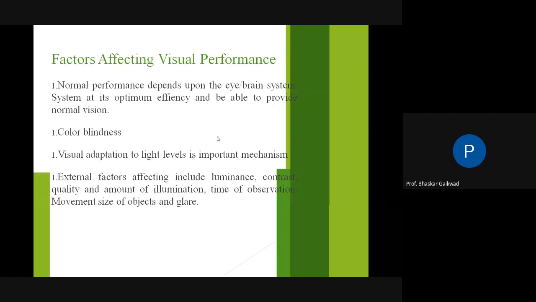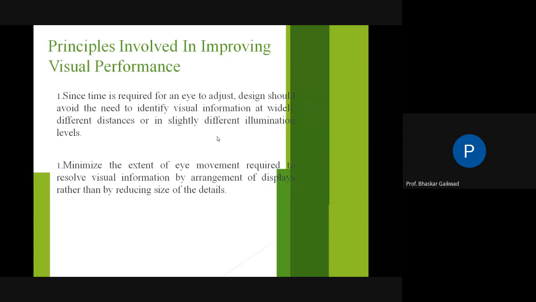External factors like light, contrast, quality, amount of light, and time of observation and movement. So some factors need to be considered while designing. The visual factor here means what is seen by our naked eye. Principles on improving visual performance. So everything should be there.